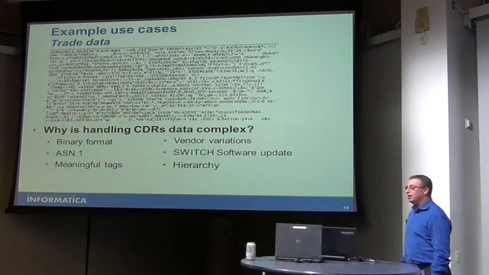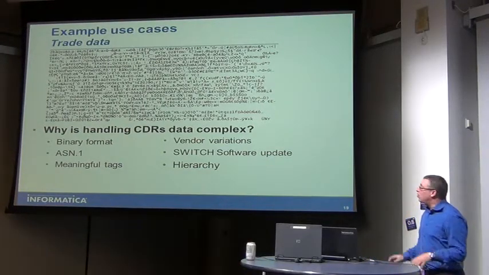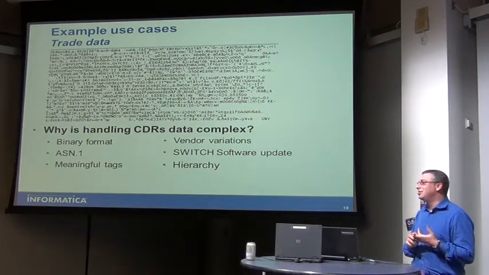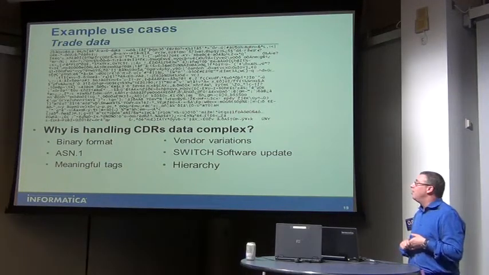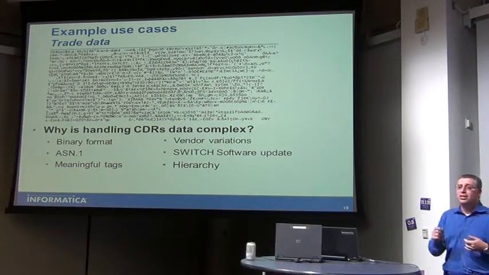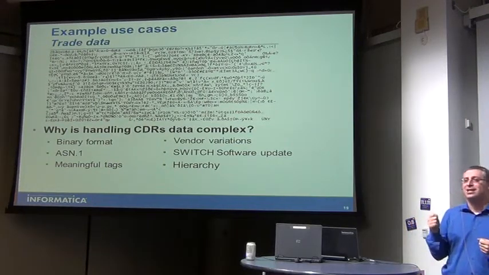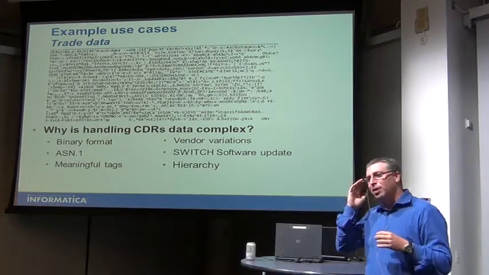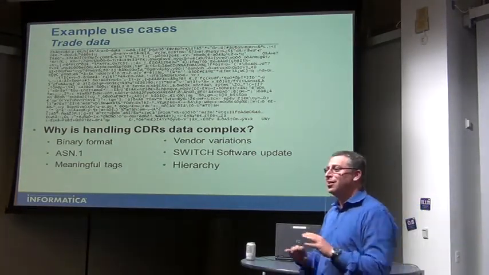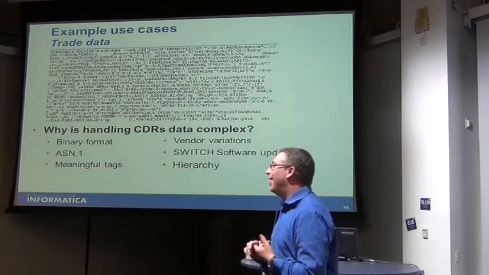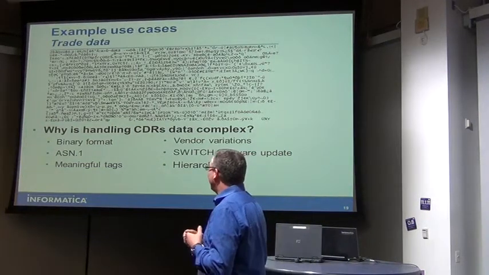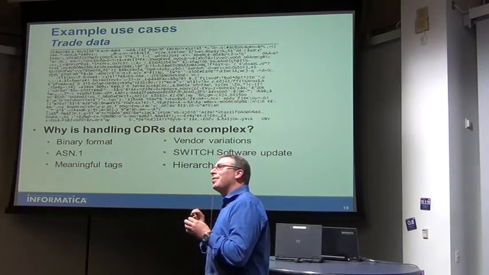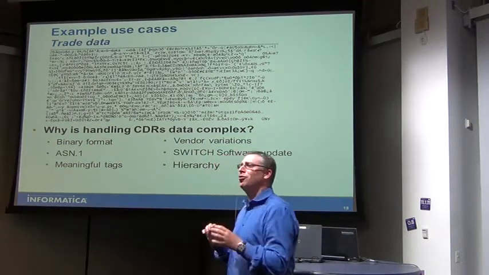So what makes handling CDR complex? When I created this slide, I thought it was enough to show the picture, because it is a nice example of data. Besides the fact that it's binary, it uses a format called ASN.1, which, to those of you with white hair like me who have done some COBOL programming in your dark ages, is a more complex version of COBOL.